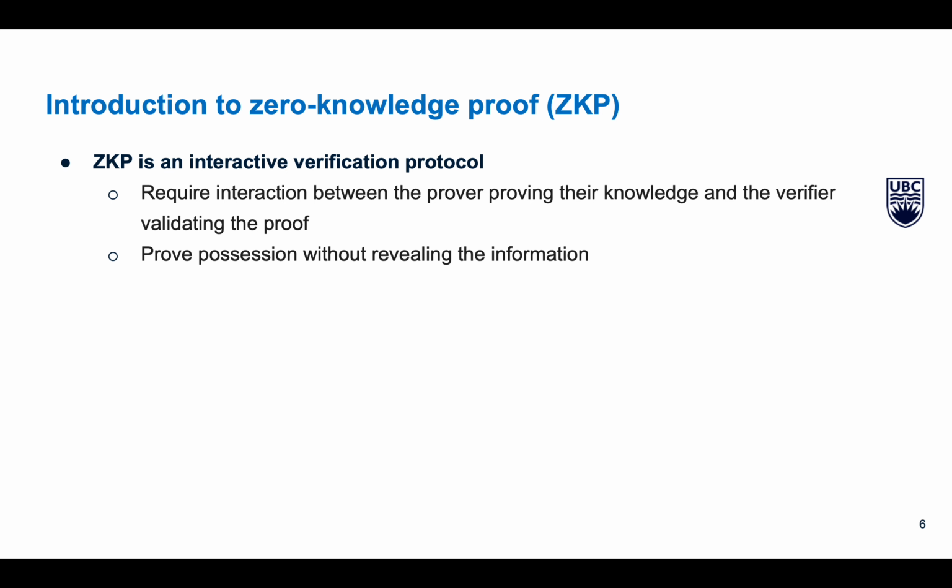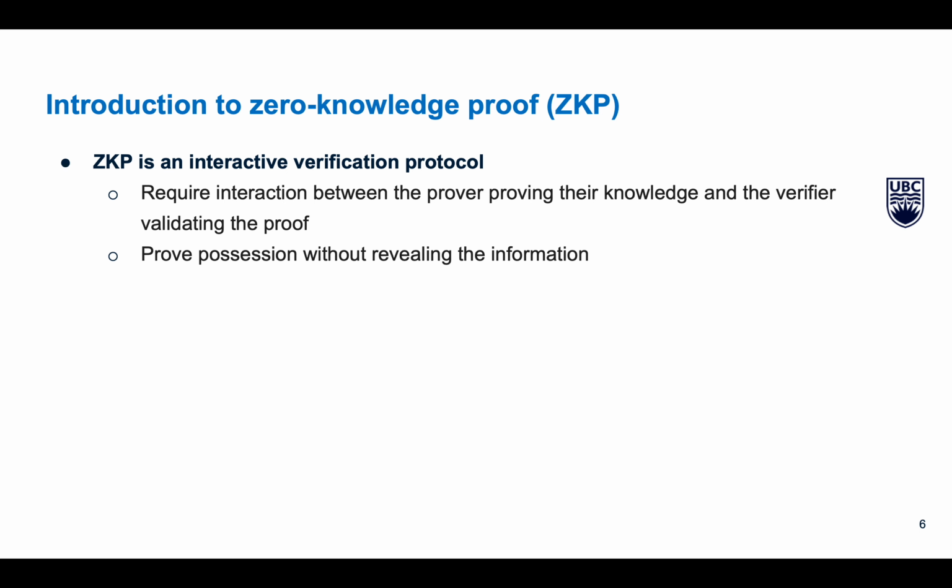We can introduce the zero-knowledge proof. It is a better solution for the privacy and security problem. The zero-knowledge proof, ZKP, is an interactive verification protocol. It requires interaction between the prover proving their knowledge and the verifier validating the proof.